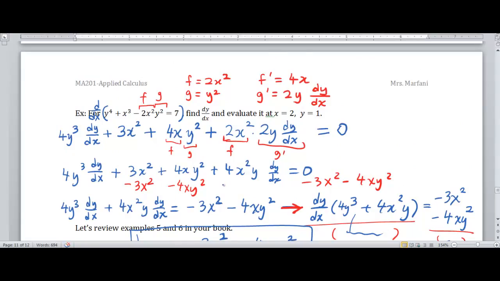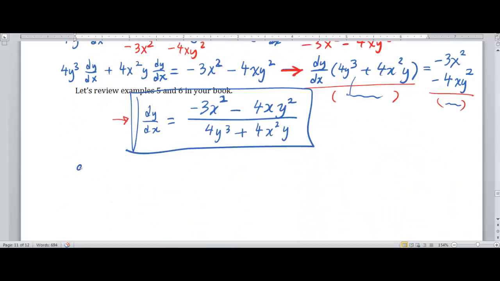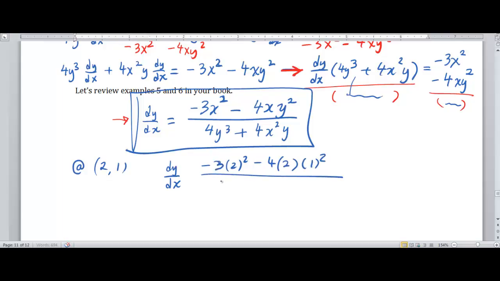It says evaluated at x equals 2 and y equals 1. So at the point when x equals 2, y equals 1, you just have to simply plug in 2 and 1. 4 times 1 cubed plus 4, 2 squared times 1.